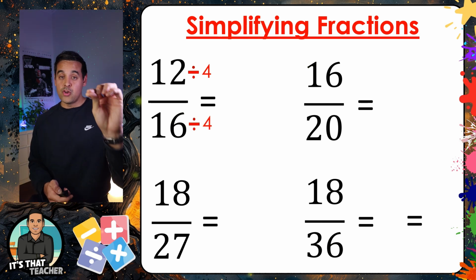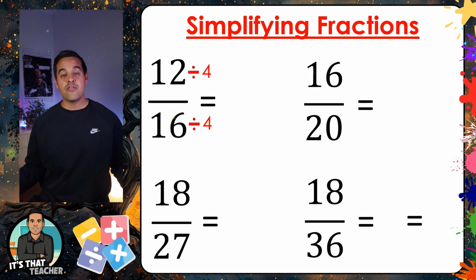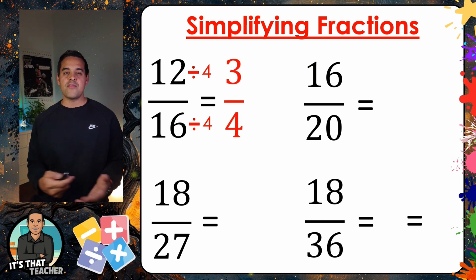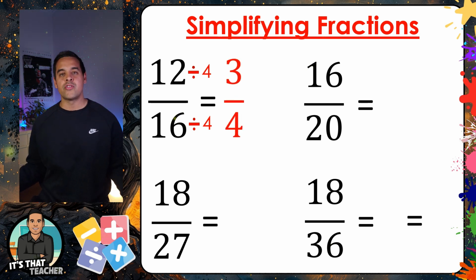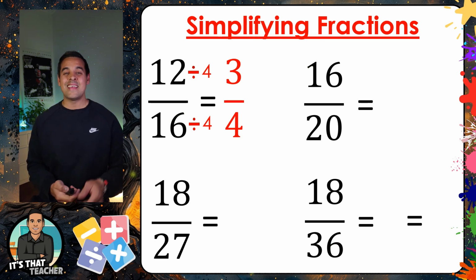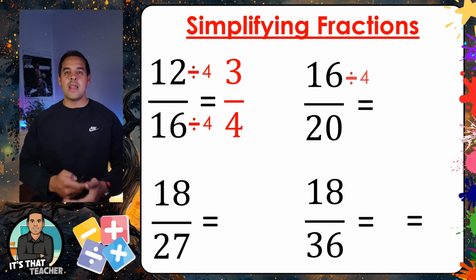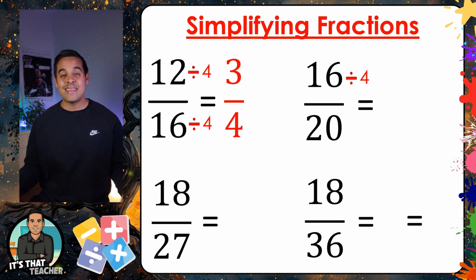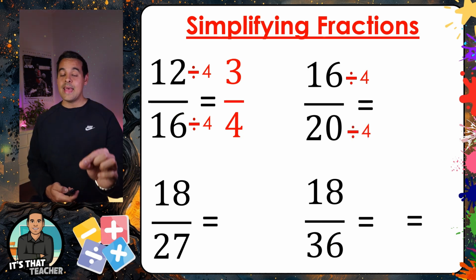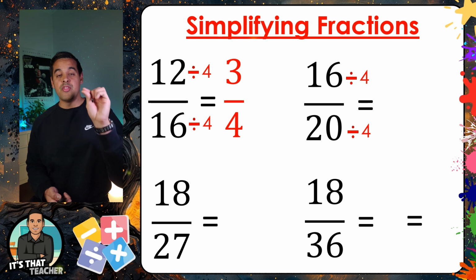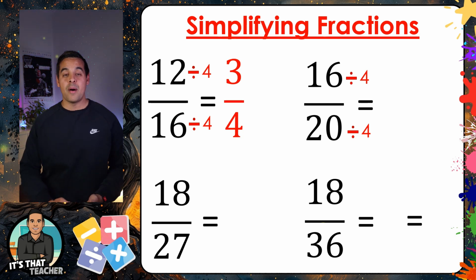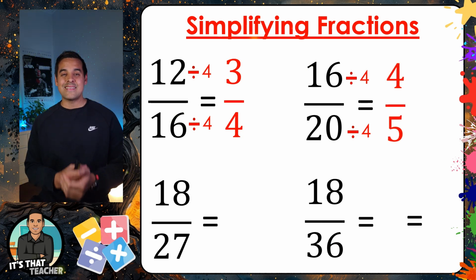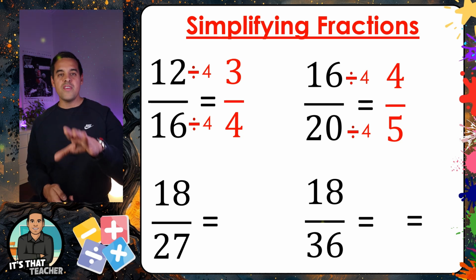We divide both the numerator and the denominator by 4, giving us our simplified fraction 3/4. The next question we have is 16 over 20. The highest common factor here is going to be 4 again. So we divide both the numerator and the denominator by 4, giving us our simplified fraction 4/5.